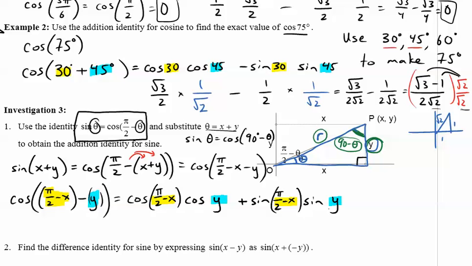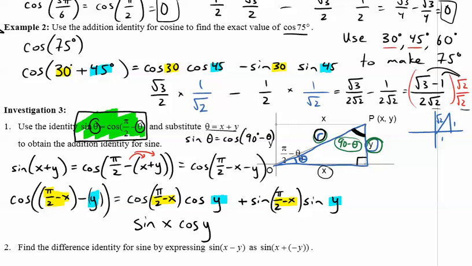Now, cosine of pi over 2 minus x, from this formula up here, if I had an x instead of a theta, gives me the same thing as sine of x. And sine of pi over 2 minus x, similarly, if I did sine of this angle, 90 minus x, I would get opposite over hypotenuse.